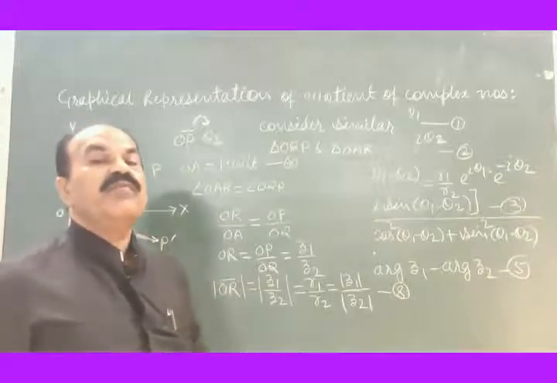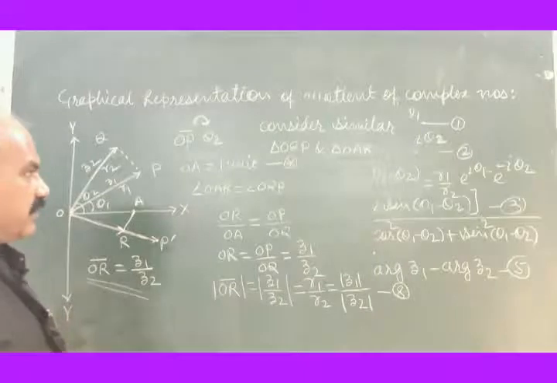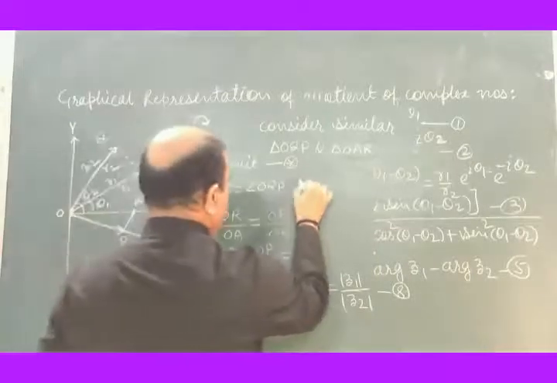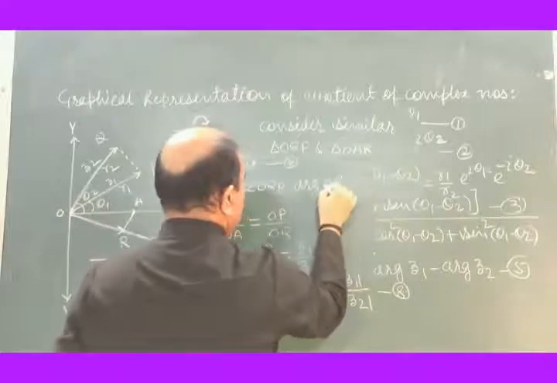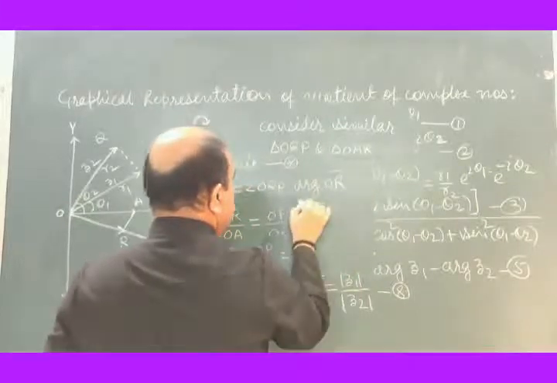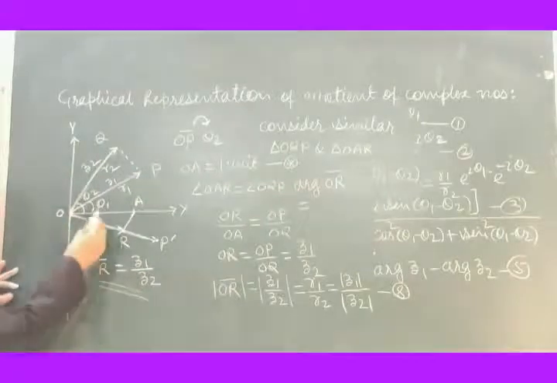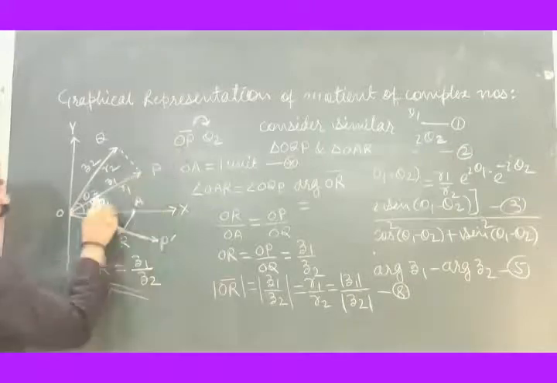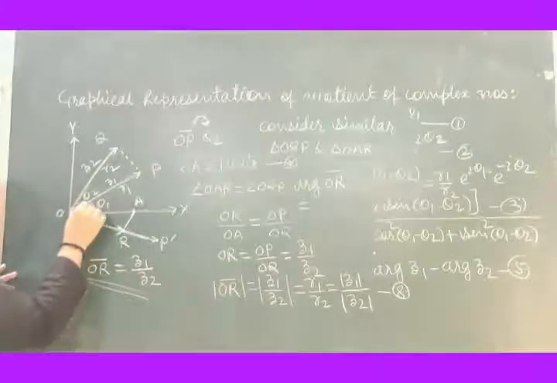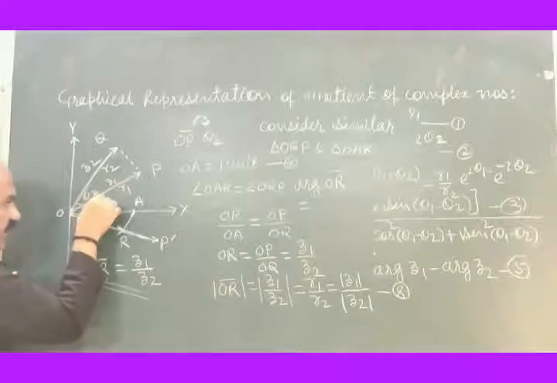Now, what about the argument? Argument of OR is equal to, we have moved OP through angle theta 2. This is angle theta 1. This is angle theta 2 minus theta 1.